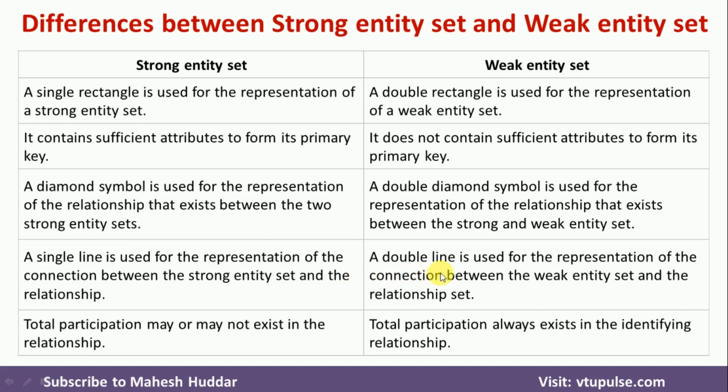In a weak entity set, a double line is used for representing the connection between the weak entity set and the relationship set. Finally, the total participation may or may not exist in a strong entity set, but total participation always exists with respect to a weak entity set. So these are the differences between strong entity set and weak entity set here.